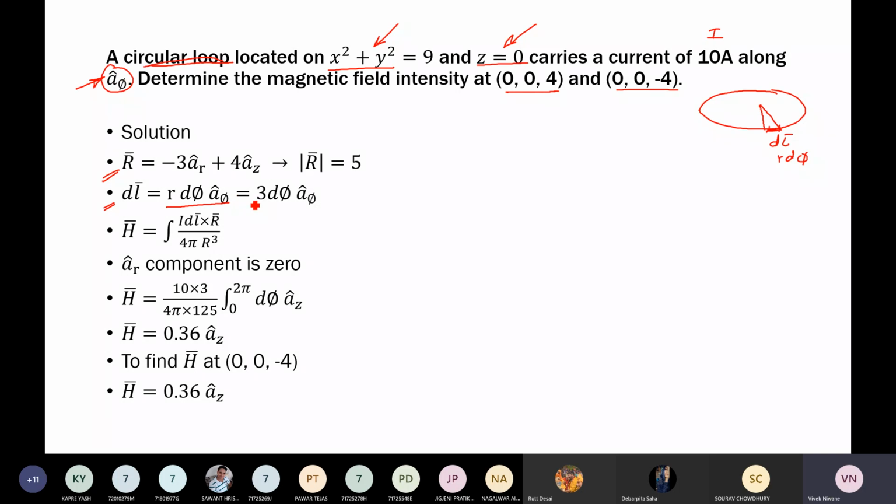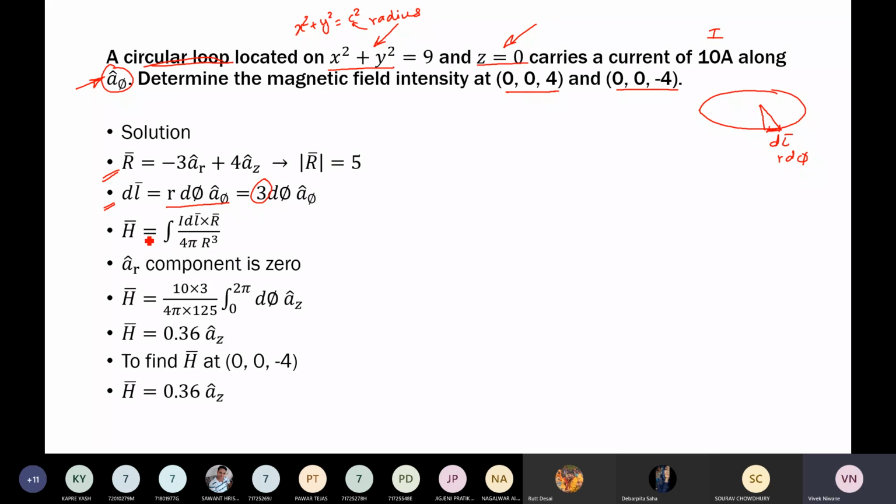So r is 3. Where did this 3 come from? If you remember the expression of a circle, x square plus y square is equal to c square, this c is the radius of that circle. Here c square is 9, so the radius is 3.